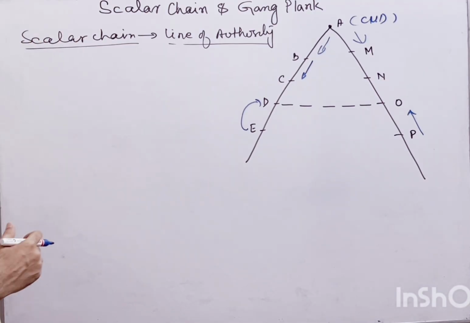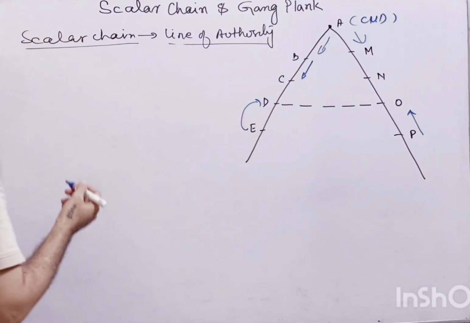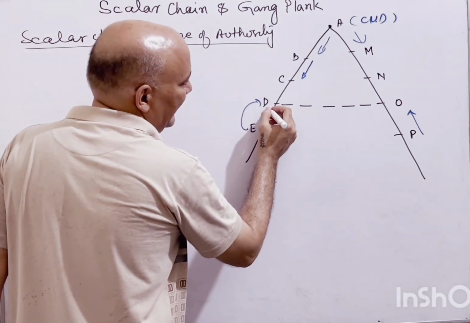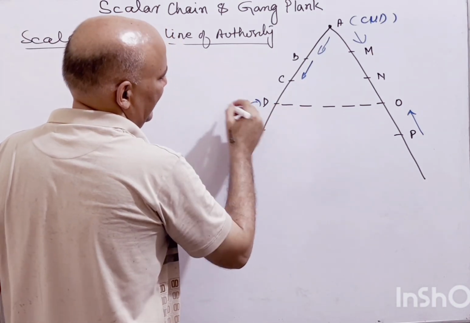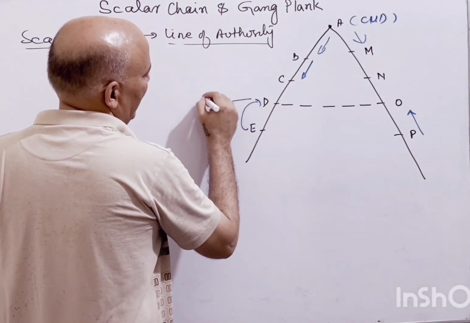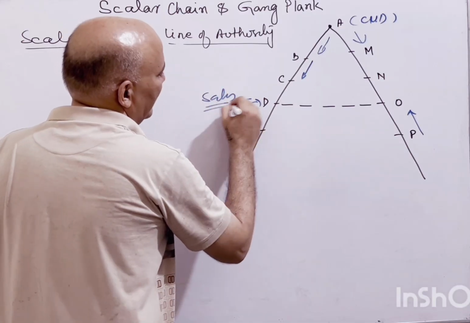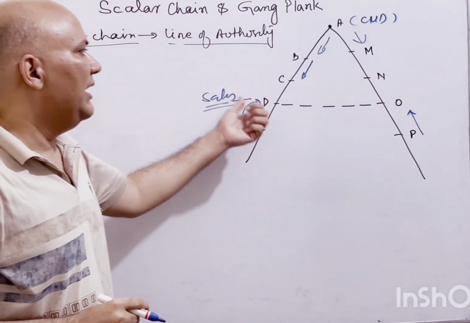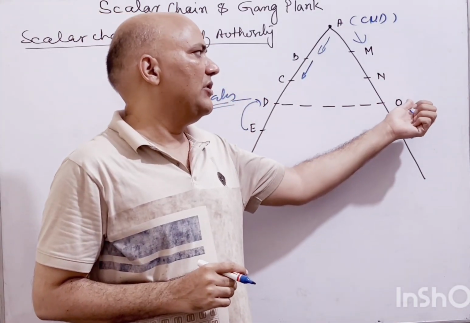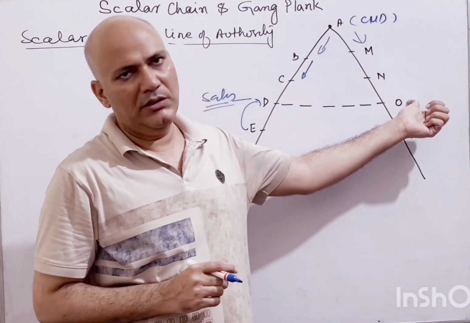Let's take the example in a given situation. If D, one of the departmental heads, let's say this is the sales department, right? Sales department, they are giving any kind of information to the financial manager. This is finance manager and departmental head.